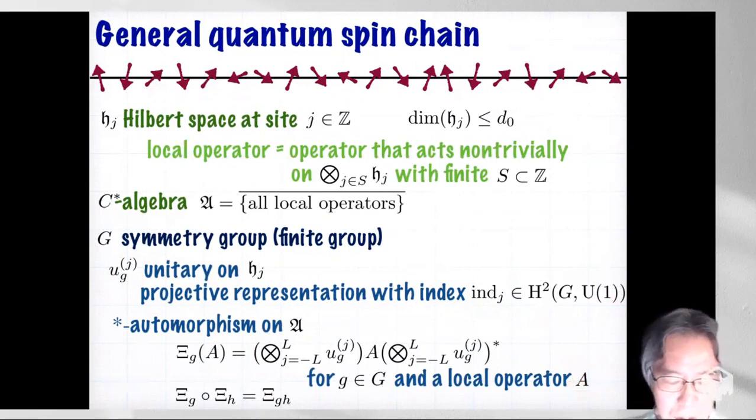Then we can transform this A like this simply by sandwiching A by U and U dagger. Actually, this is mathematician's notation, so this is usually U dagger. Okay, and you easily find that this Xi, which mathematicians call a star automorphism, satisfies this relation, so it gives a kind of representation of the group.